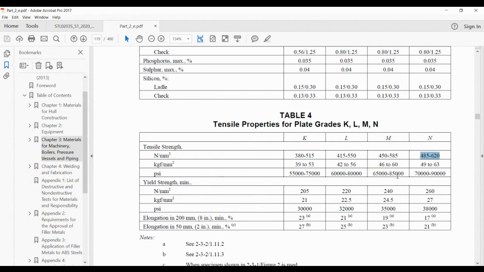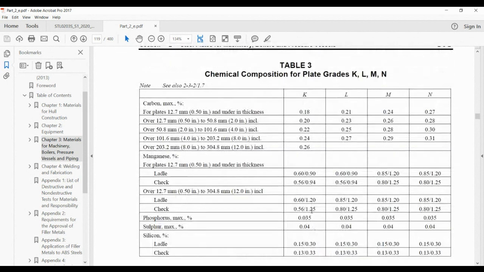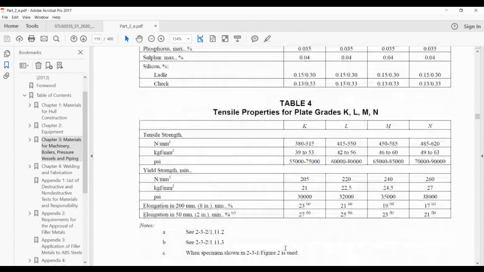So it's all done essentially through metallurgy, and of course through the mold. So basically you can see it over here. Different grades have different chemical composition. Also, if you look at the elongation, when you normally specify elongation, you specify it over a specific length.